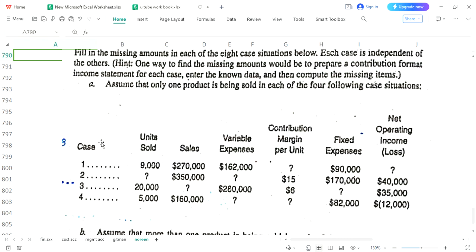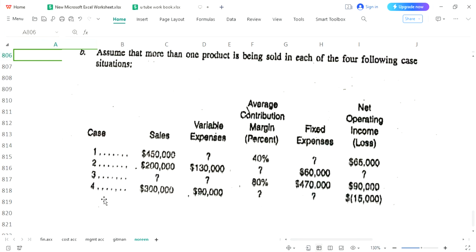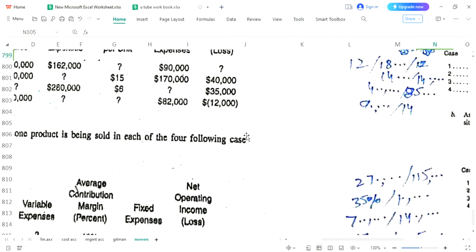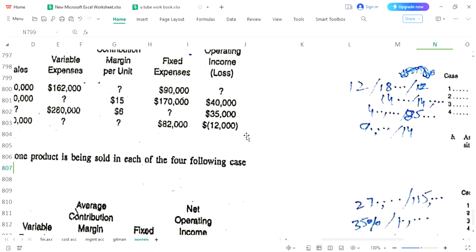The second thing is it has been mentioned to make a contribution margin income statement. So we are making four income statements for the first part and four income statements for case B. And the second thing you would be willing to know is that answers are present over here. We will calculate on the left side and confirm our answer from the right side.